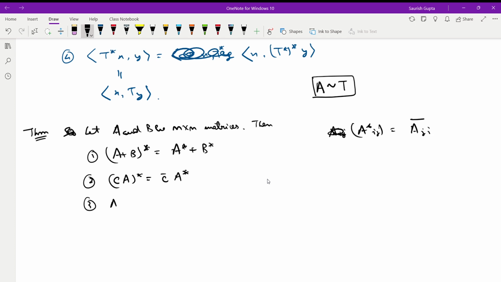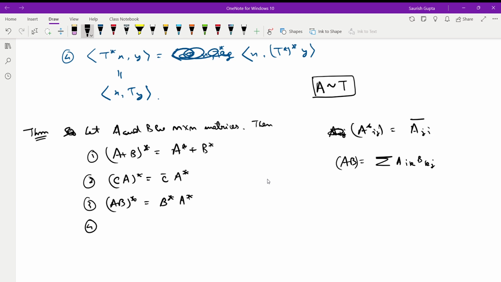Number 3, you get (AB)* equals B* A*, because if you take the transpose of a matrix multiplication, the indices get reversed, and the matrix multiplication forms with the second matrix first. Because we know that the matrix multiplication can be written as the sum of Aik Bkj, where k ranges from 1 to n.